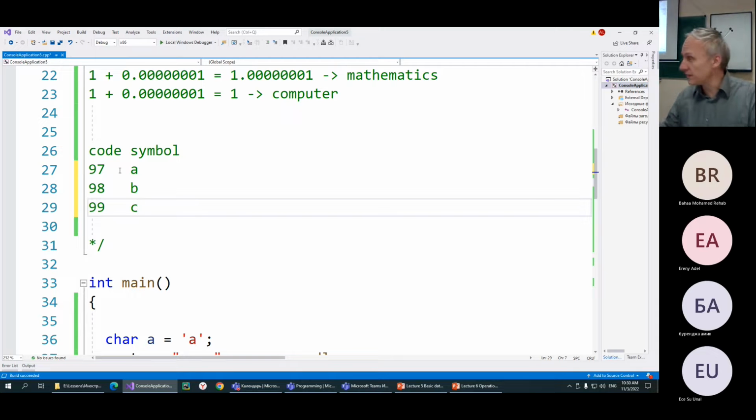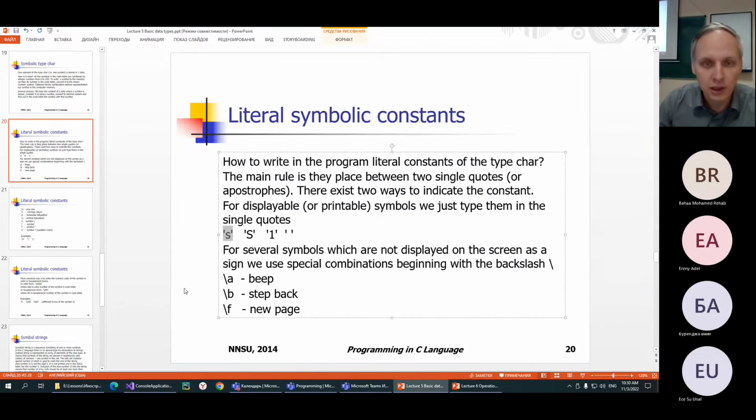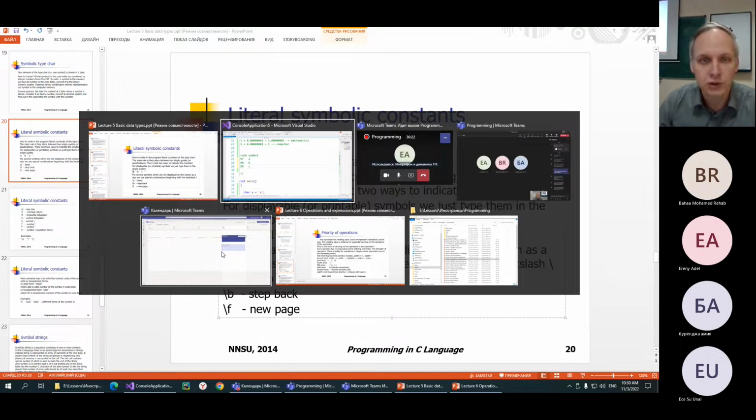So when you output to the screen a variable of the type char, you see the symbol, but if you apply some operation to the variable of the type char, this operation will be applied to the code of the symbol. Let me come back to Visual Studio.